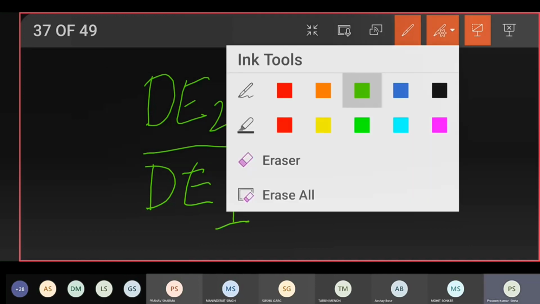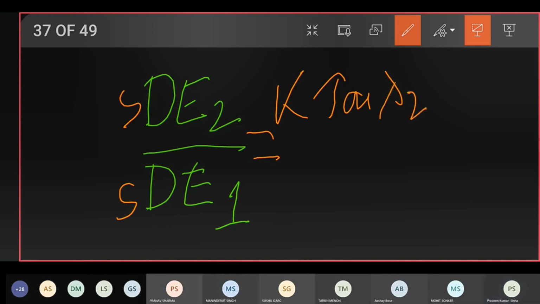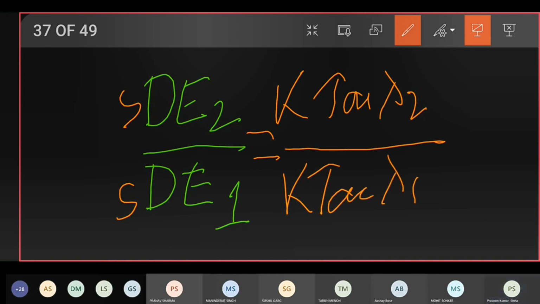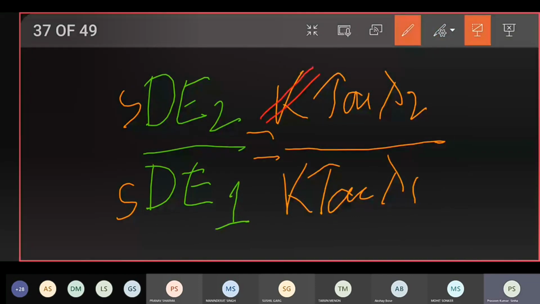So if we equate them with sine also, sin DE2 by sin DE1 will be equal to K tan lat 2 by K tan lat 1. The value K is getting cancelled out.